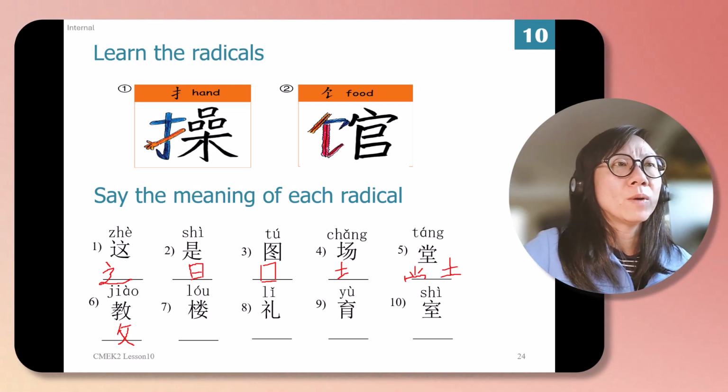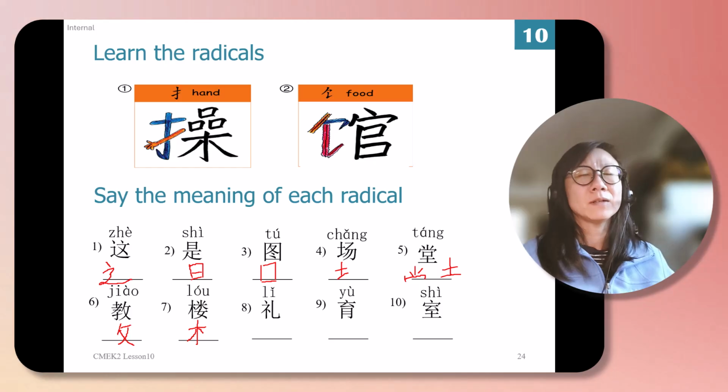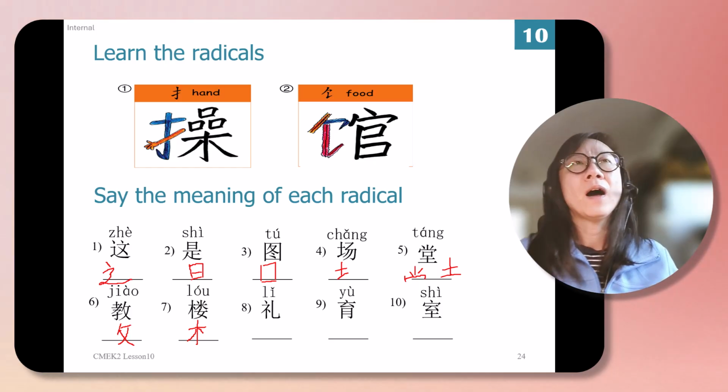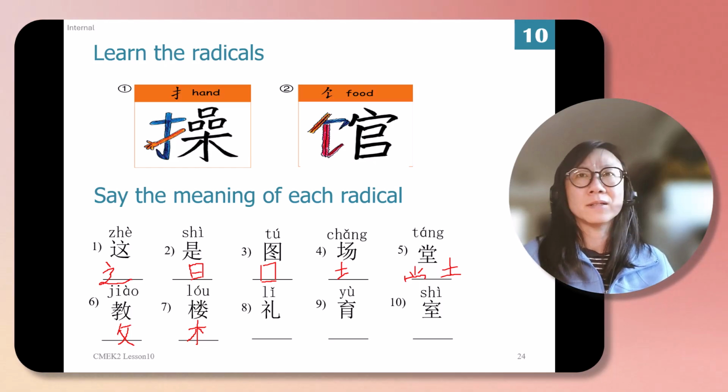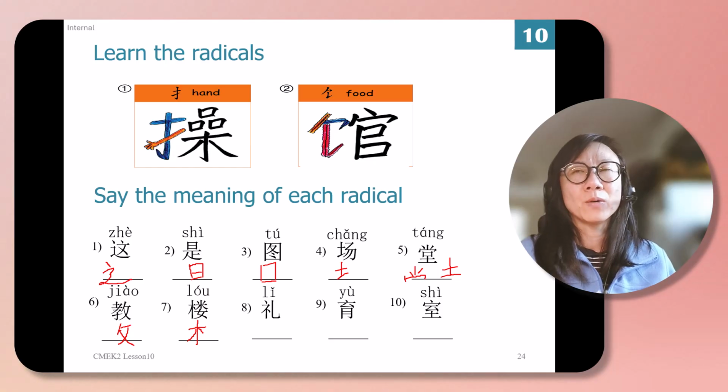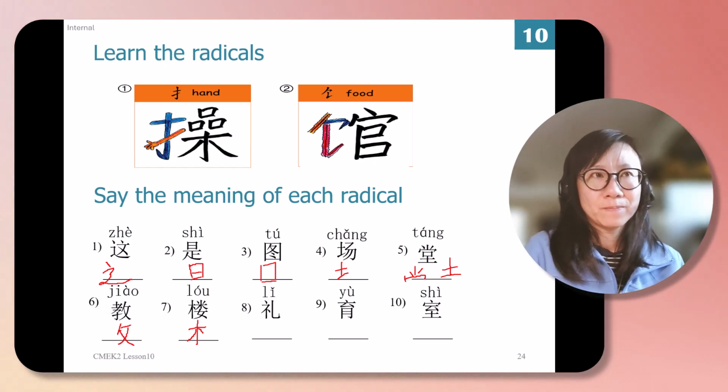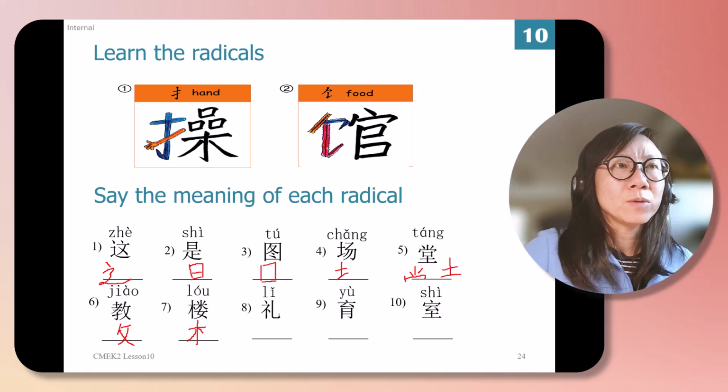And then for the low, we can pick up the left-hand side, right? And that is a mu, a tree. Because traditionally, still that is happening in Australia, a lot of buildings, houses are built with wood. And also for li, we pick up the left-hand side, which means revelation, right?